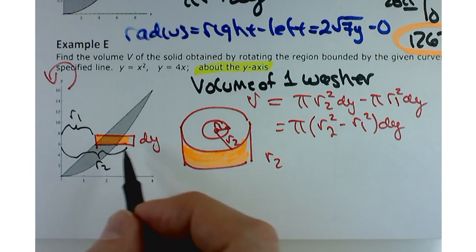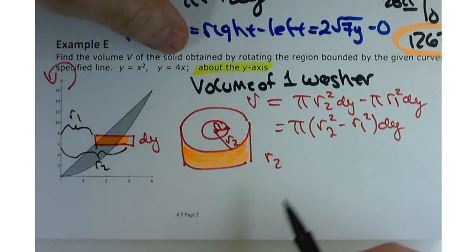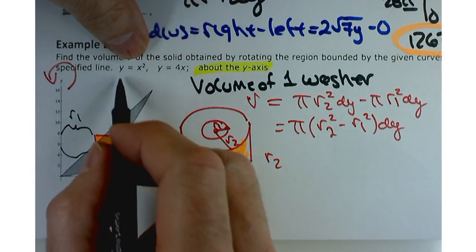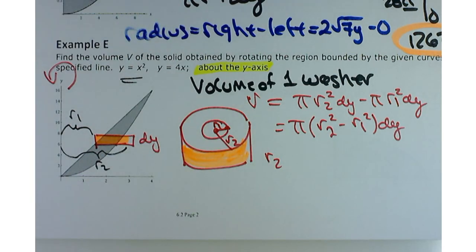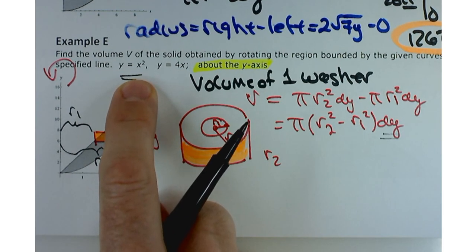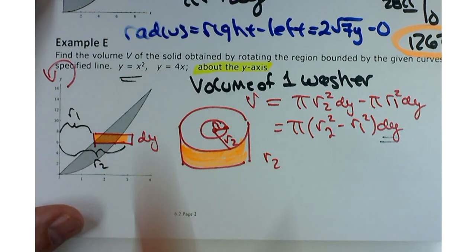Kind of like before, it's going to be right minus left. So the rightmost function, in this case, comes from this part. y equals x squared. But I know I need to have this in terms of y. So what should I put in here for an expression that involves y if all I've got is y equals x squared?